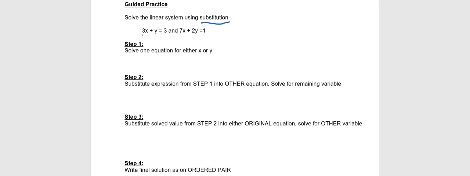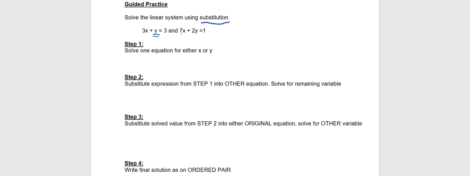So if we look at this first equation, 3x plus y equals 3, the coefficient for x is 3. The coefficient for y, it's invisible to us, but we know there's a 1 there. That's already telling me it's a really good candidate for substitution. This number here, without the variable, we call a constant. So the constant in this equation is 3.